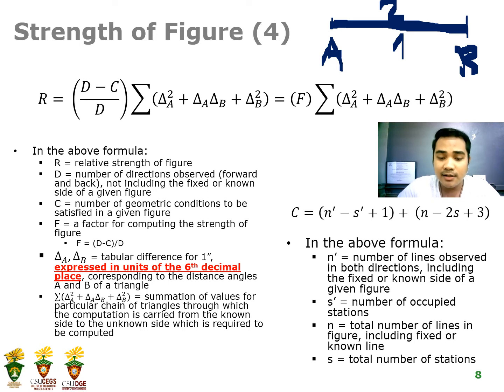But again, including the fixed or the known side. Where ang S prime pod is the number of occupied stations and N is the total number of lines in a figure. Total number of lines lang sa N prime is number of lines observed in both directions, while si N is just the total number of lines. And S is the total number of stations.